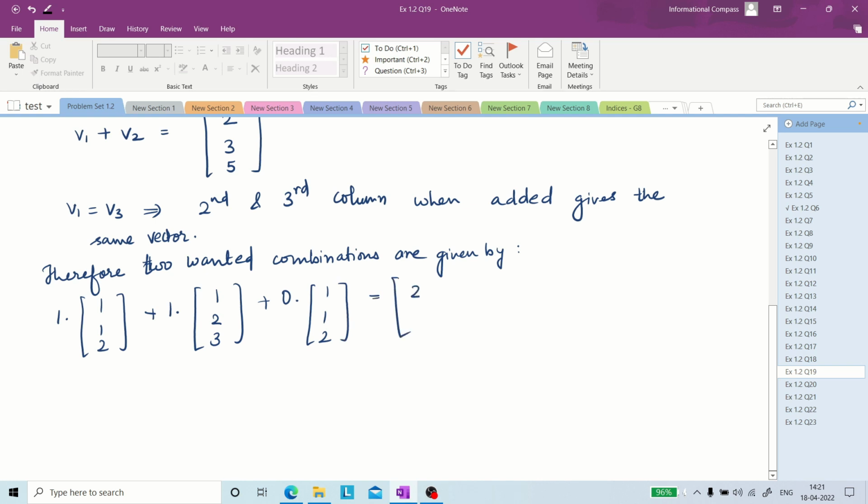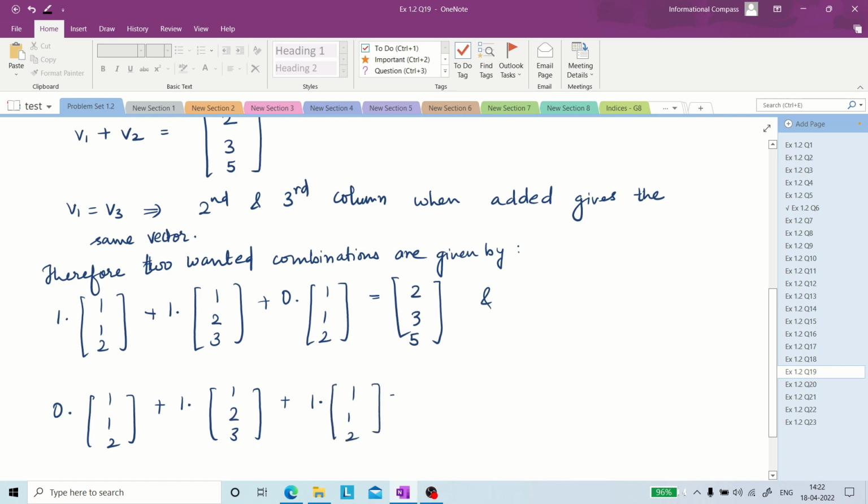If you try and compute, you will get 2, 3, 5. You may verify it again. And 0 into 1, 1, 2 plus 1 into 1, 2, 3 plus 1 into 1, 1, 2 equal to 2, 3, 5.